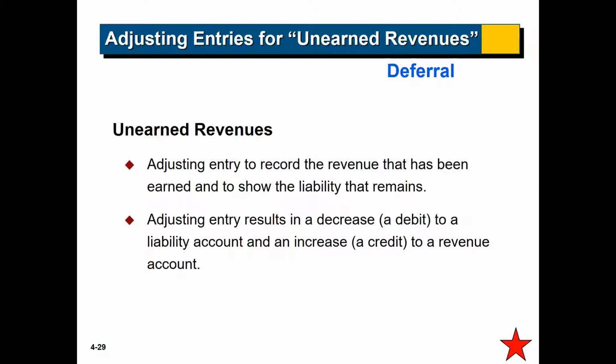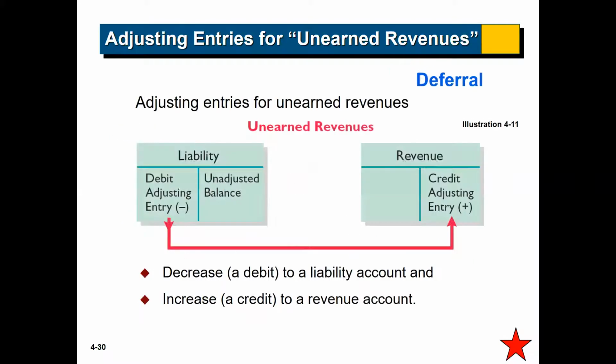So the adjusting entry for recognizing when you earn the revenue is to debit the liability account unearned revenue and credit the revenue account, service revenue. The next slide here will show you the T accounts that you're decreasing a liability, which is debiting, and you're increasing a revenue, which is crediting.